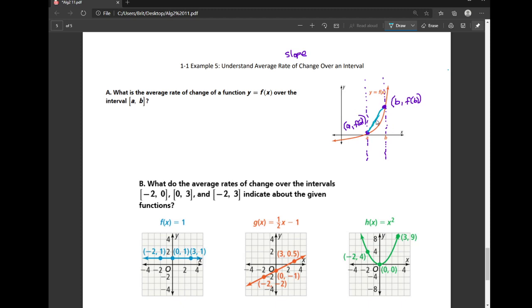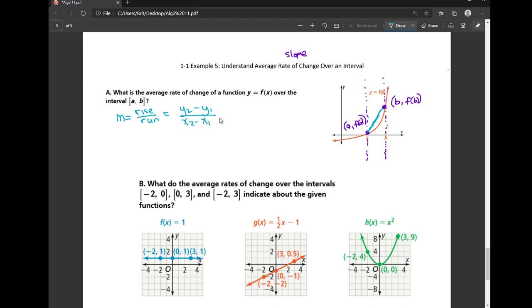And we're going to find the slope of that hopefully straight line. Remember from middle school, the slope of a line is just the rise over the run. Or another way to say it, you take y2 minus y1, you subtract your two y values, and then you subtract your two x values.